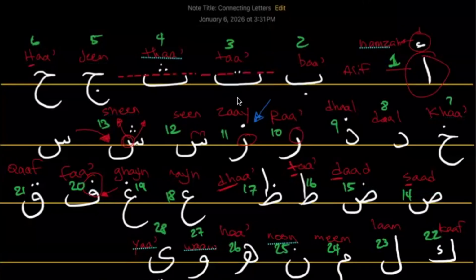Okay, so we have 28 letters here. Let me show you some of the families of these letters that will help you to be able to pronounce them, inshallah, and differentiate between some of them.